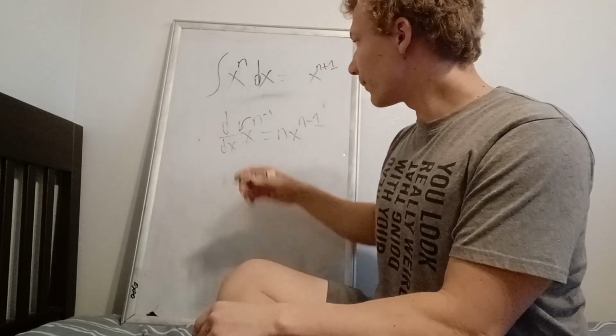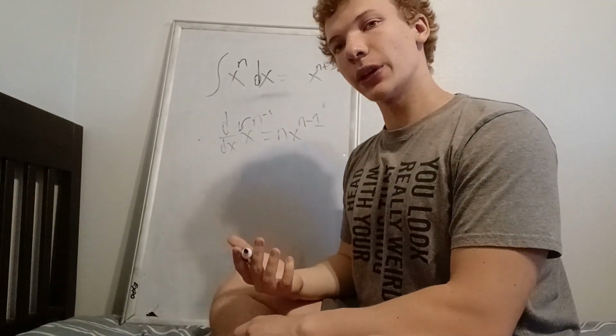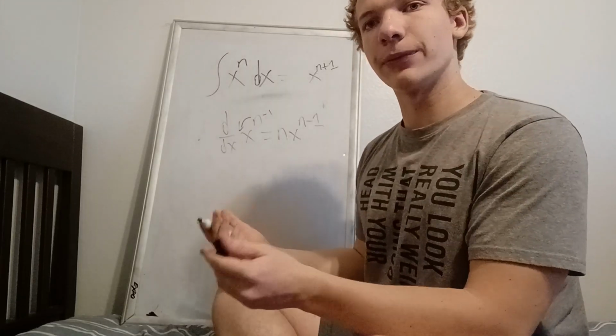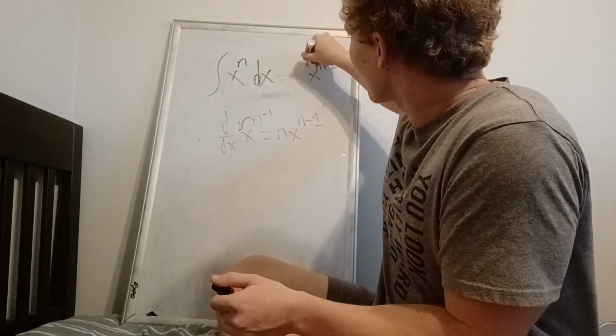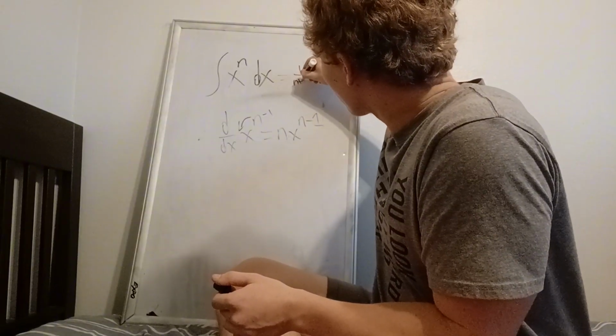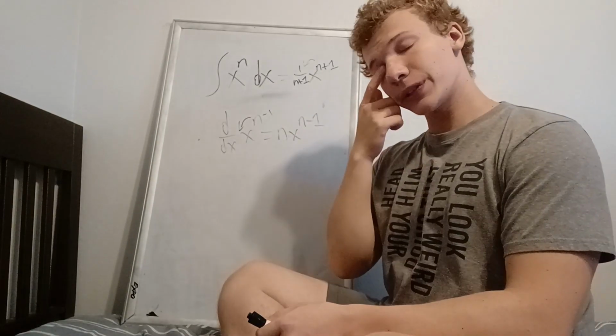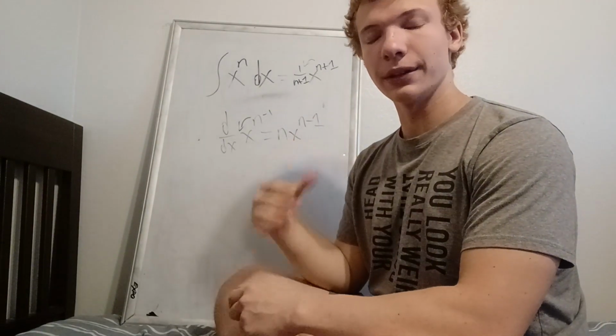Then, for a derivative, we brought the exponent down to multiply, so now we're going to have to bring the exponent down to divide. So the exponent comes down, and we get 1 over n plus 1.